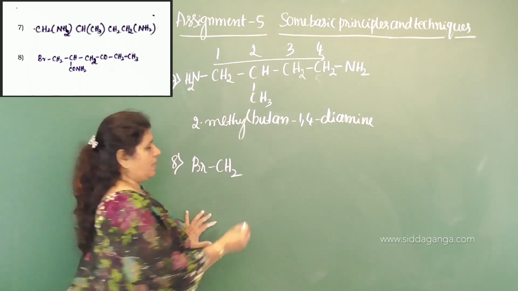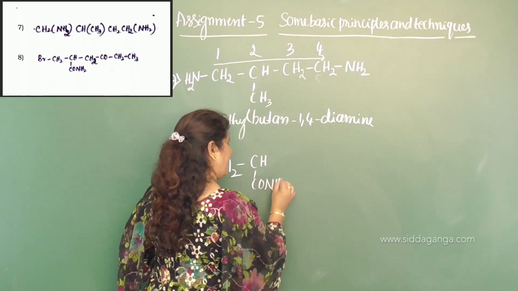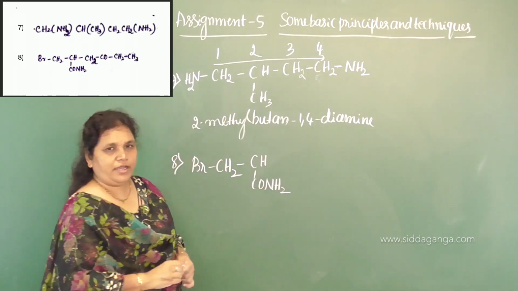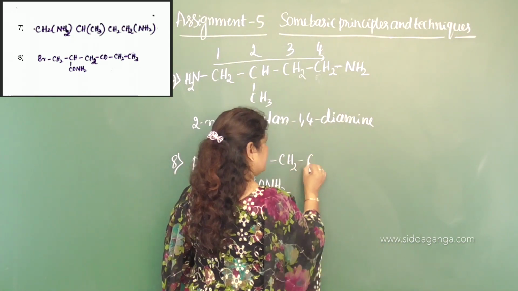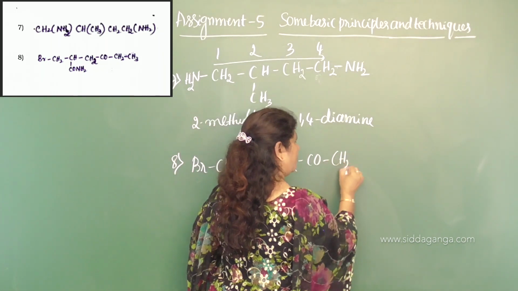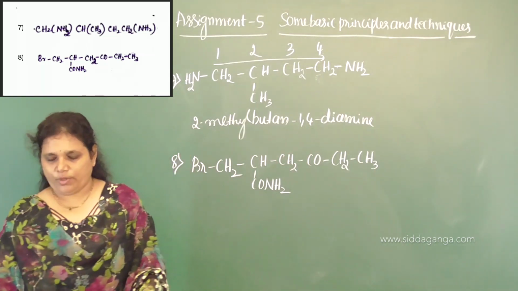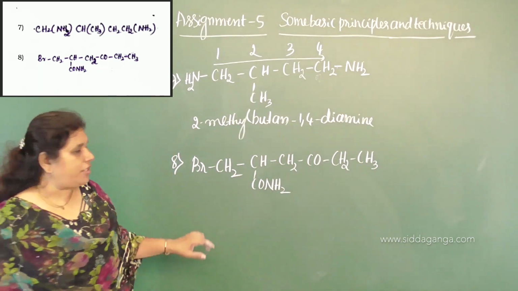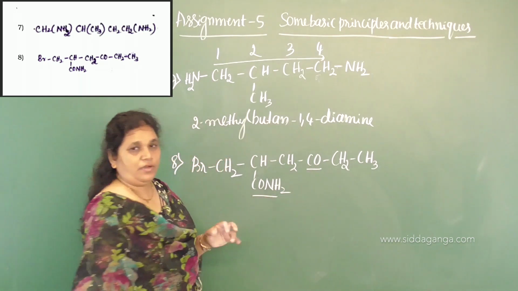BrCH2, CHCONH2, correct, and CH2, CO, again CH2, CH3. This is the compound given. There are two functional groups, one is amide, another one is ketone.